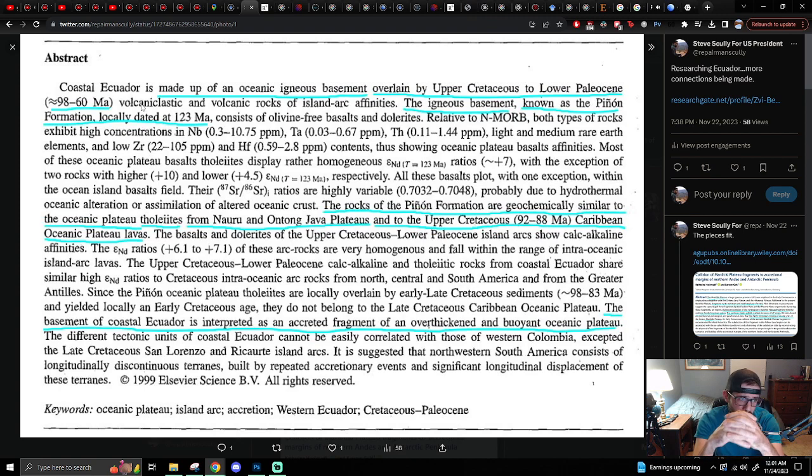But then it didn't really expand fully until 66 million, where, see all my events of the KT boundary related videos. I have a playlist on that. So the fact that it's 98 to 60, it crosses that time frame, really points to some relationship to the KT boundary.